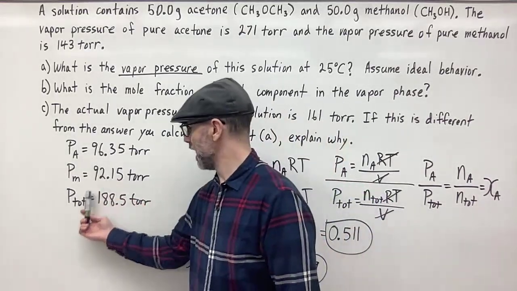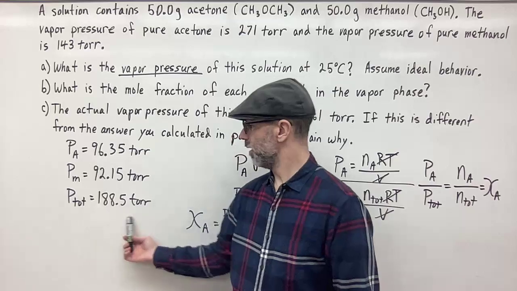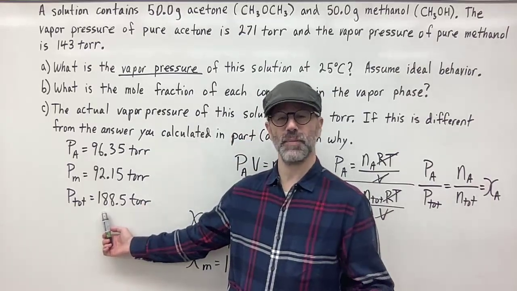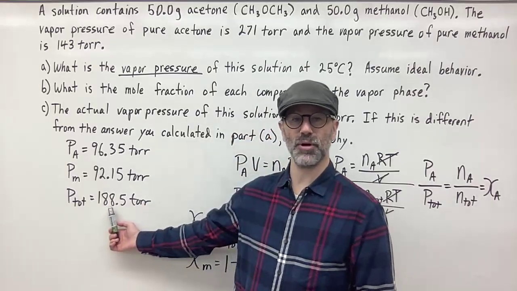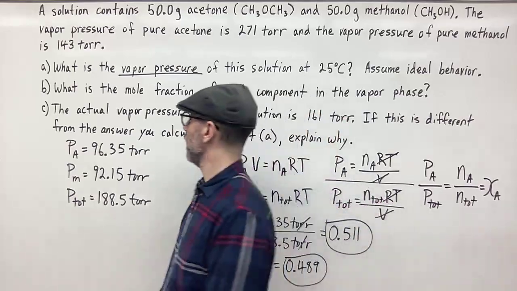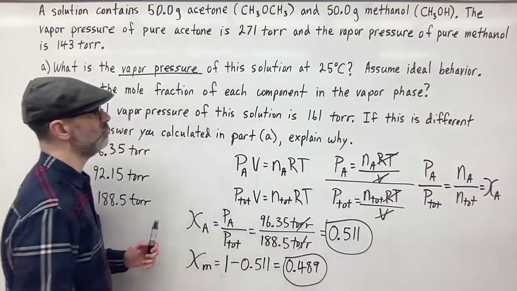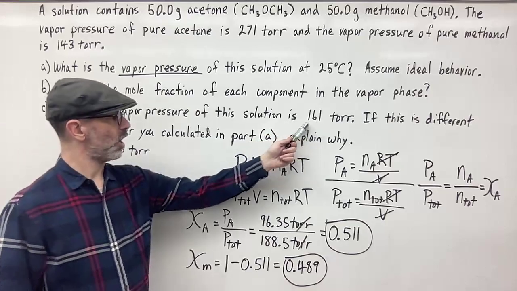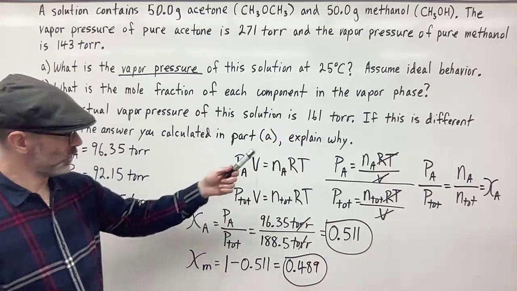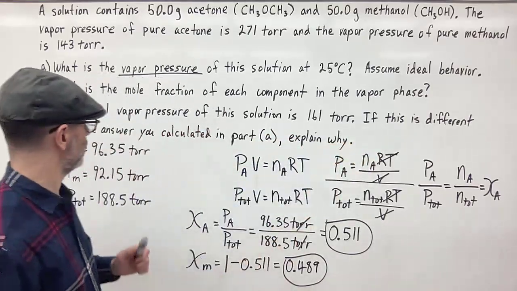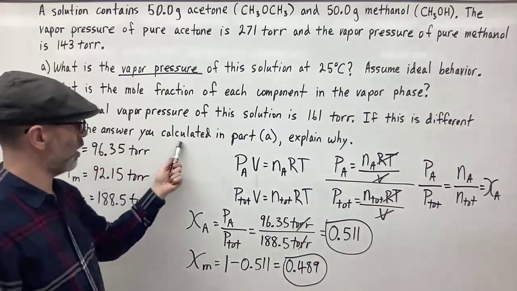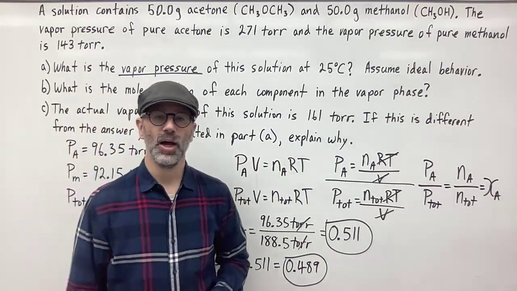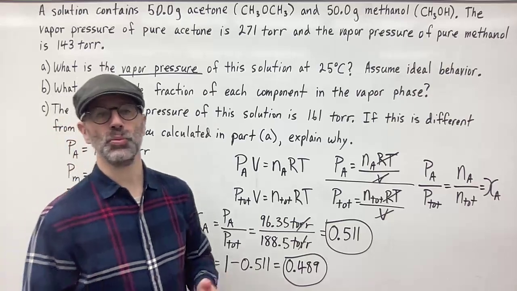So our calculated amount of pressure due to the two vapor pressures of methanol and acetone is 188.5, which is larger than what we get in reality, right? So 161. So the question is, if this is different from the answer you calculated in part A, it is, explain why. Well, what did we assume in part A?